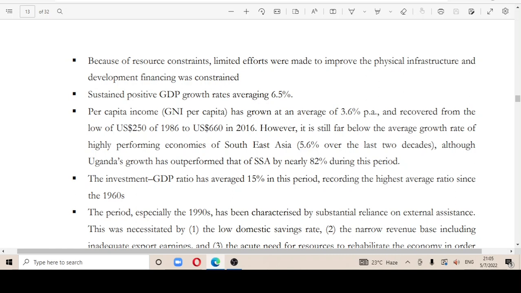Then sustained positive GDP growth rates, averaging to 6.5%. Then per capita income grew at an average of 36 percent per annum.